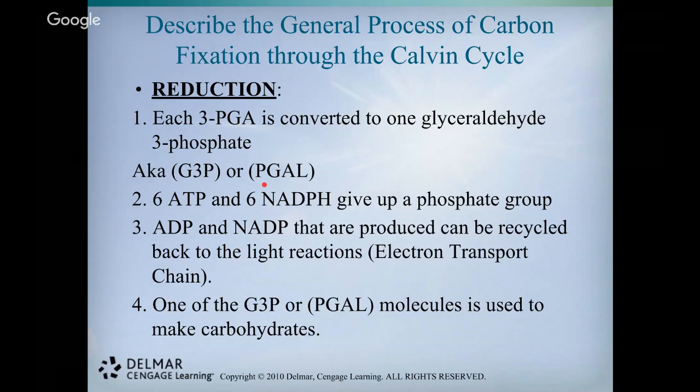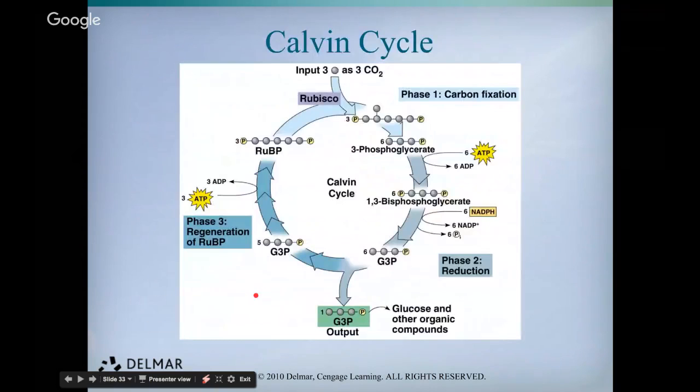It's like Star Wars, sorry. But in turn, we also have 6 ATP and 6 NADPH that are going to give up that phosphate group, like I said. And then ADP and NADP are recycled back to the electron transport chain. And we get 1 molecule of glyceraldehyde 3-phosphate.